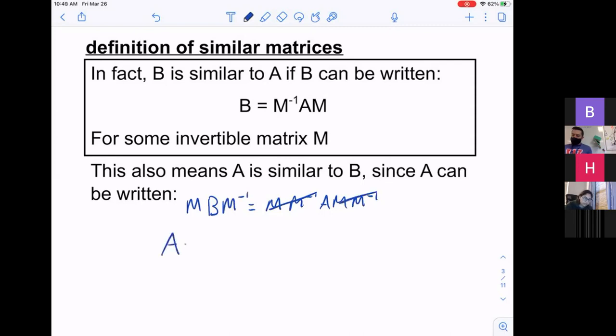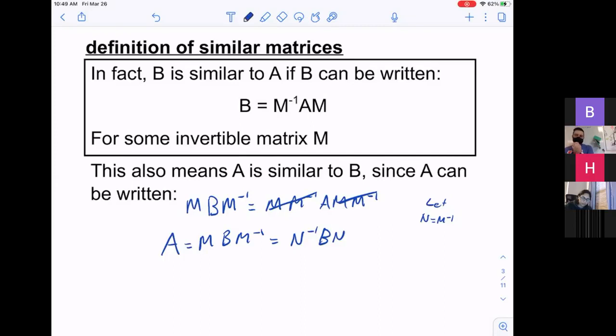And so A equals M B M inverse, which is not quite the same as the definition. But if we just let N equal M inverse, then this is N inverse B N, which means by definition, A is also similar to B, because there is some matrix N that I could do N inverse B N and get A.